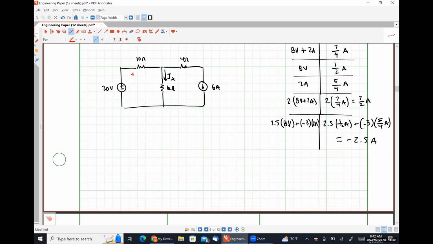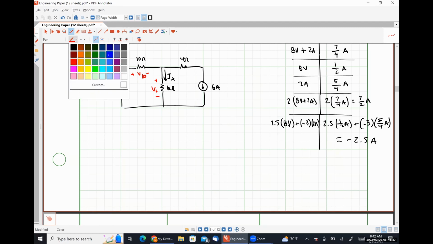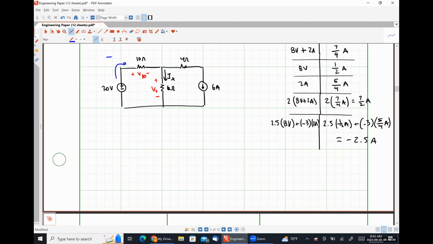Let me define V10, V6, I10 like so. Applying Kirchhoff's voltage law, we're going to get 10 ohms times I10 plus 6 ohms times Ix is equal to 20 volts.